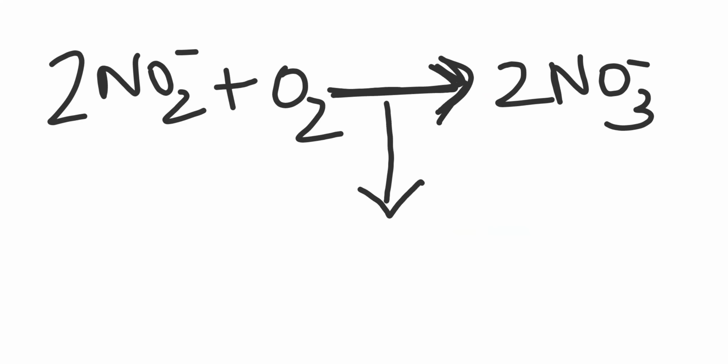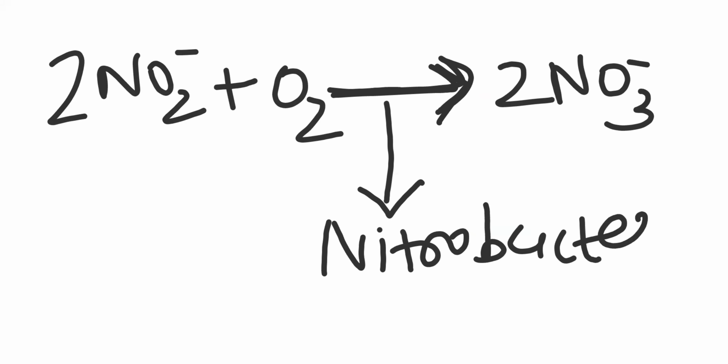And for this, the Nitrobacter performs this reaction. Nitrobacter helps convert this nitrite into nitrate. Tell me, clear? Nitrite to nitrate, for this the bacteria is Nitrobacter, right? Nitrobacter and even one more, that's Nitrocystis.